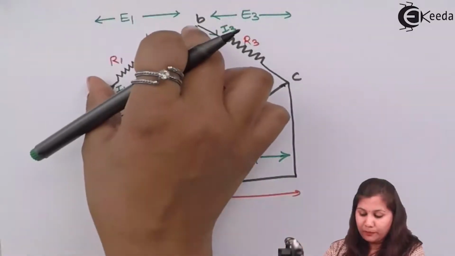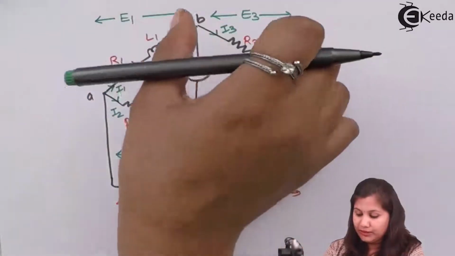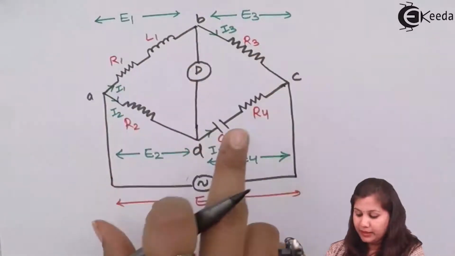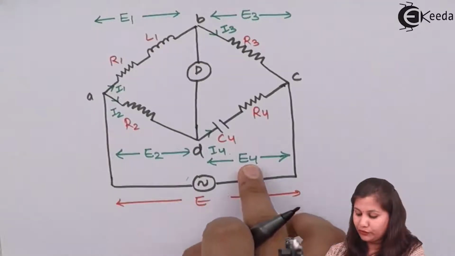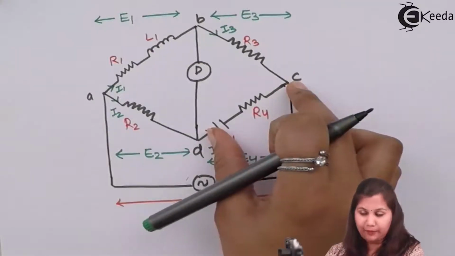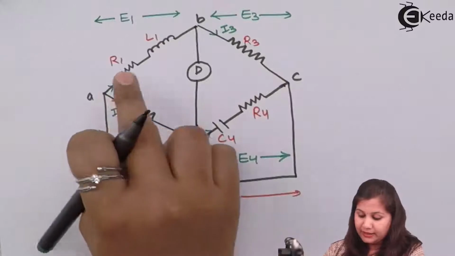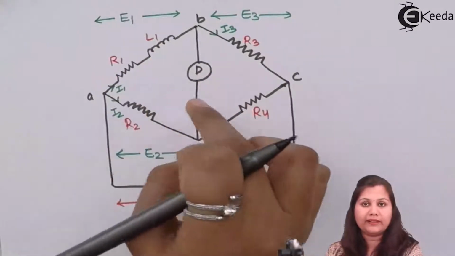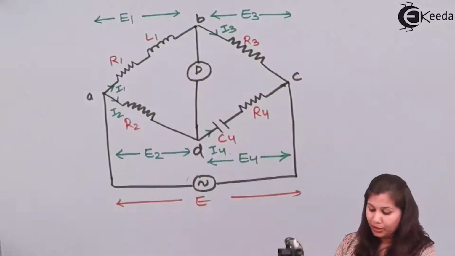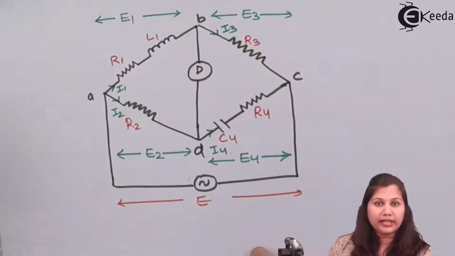E1 is the voltage drop across the AB arm, E3 is the voltage drop across the BC arm, E2 is the voltage drop across the AD arm, and E4 is the voltage drop across the CD arm. I1, I2, I3 and I4 are the currents flowing in the respective arms. So this is the complete bridge network.